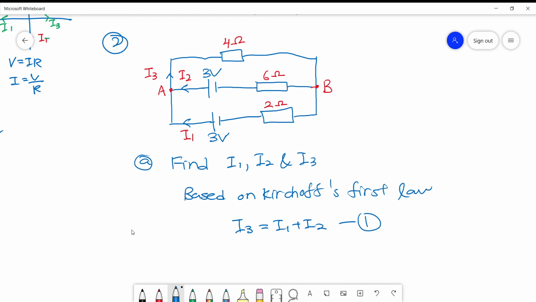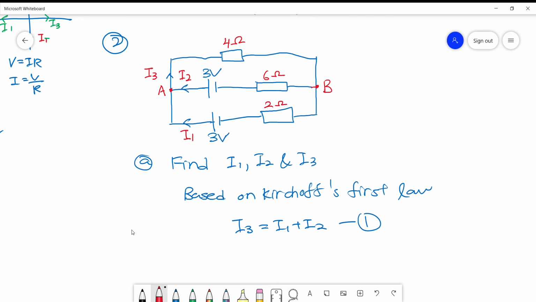After using Kirchhoff's first law, of course, we need to use Kirchhoff's second law. Kirchhoff's second law tells us that the sum of the potential differences, or the changes in electric potential, in a closed loop, or a complete circuit, equals 0.